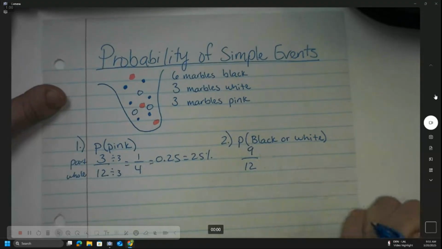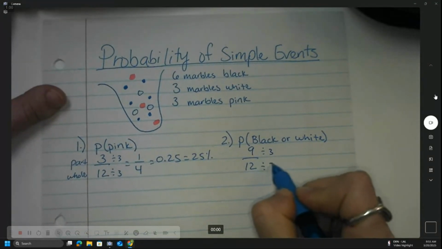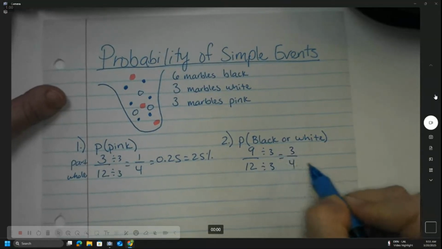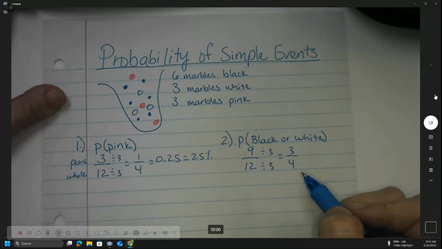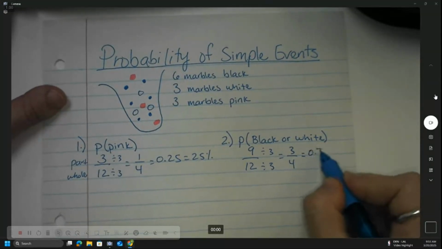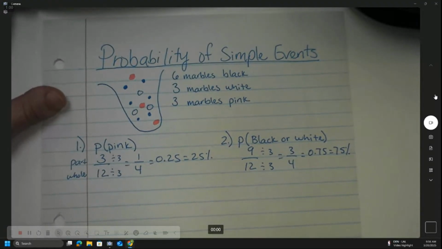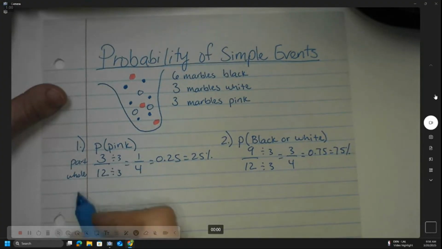So you have a 9 out of 12 of them that are black or white. Let's reduce it real quick. So 3/4 of the marbles are black or white. 3 divided by 4 is 75 hundredths, which is a 75% chance it'll either be black or white when you pull it out.